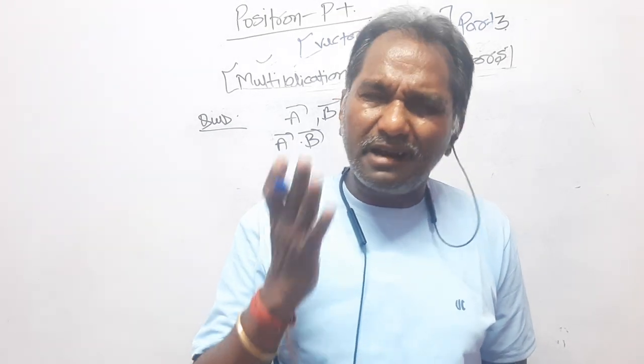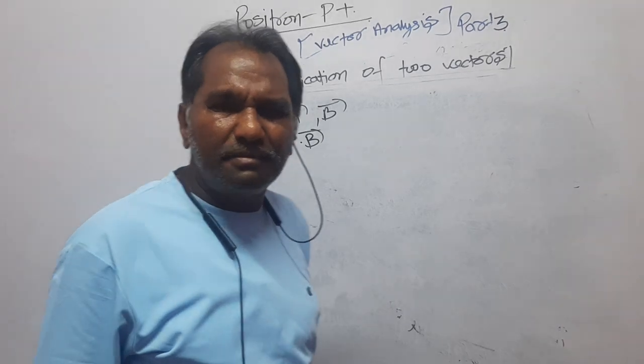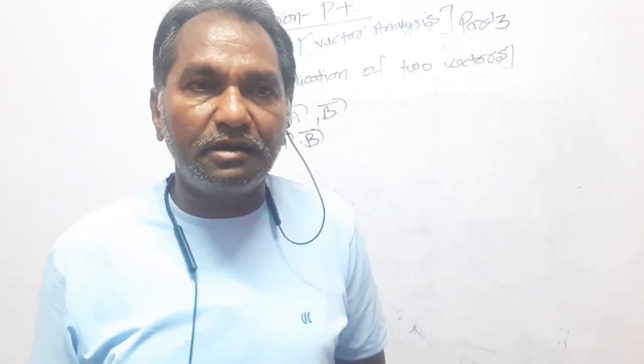It is not a vector quantity, it is a scalar quantity. You cannot see it by diagram. Only if the two quantities are given, like force and displacement, can you define their dot product.